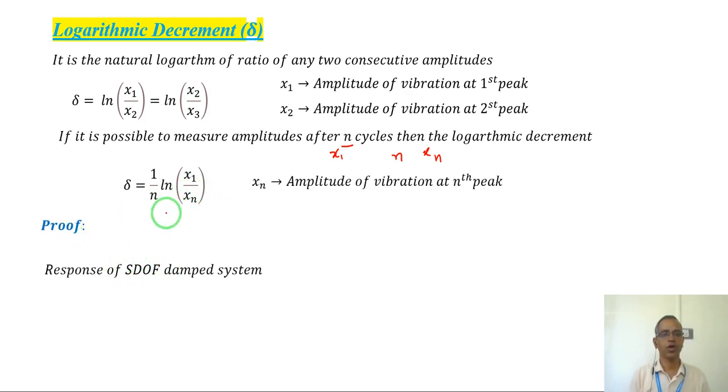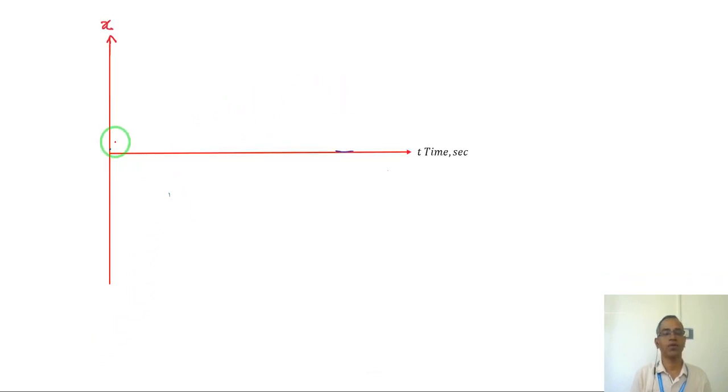For the proof, you take the response of a single degree of freedom system for damped vibration, that is x equals an amplitude times e power minus xi omega t times cos of omega d t minus phi. So it has a cos function with some amplitude here. Now at the first peak, at time t1, I have x1, at time t2 I have x2, and so on.